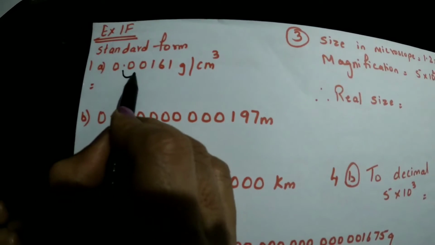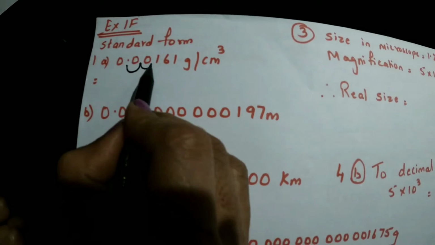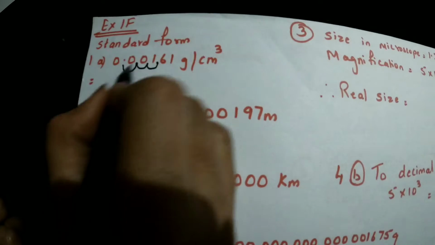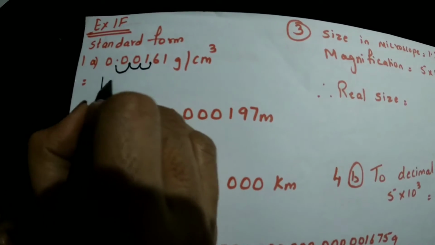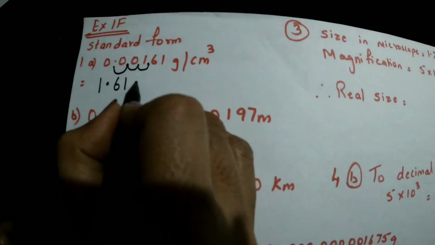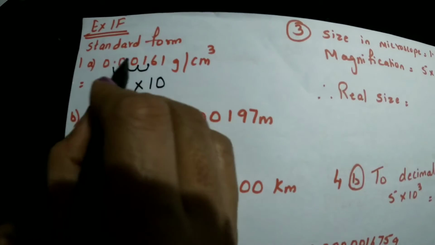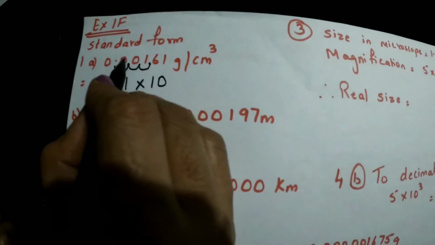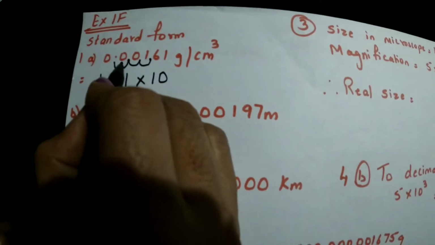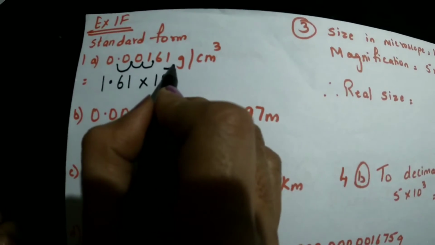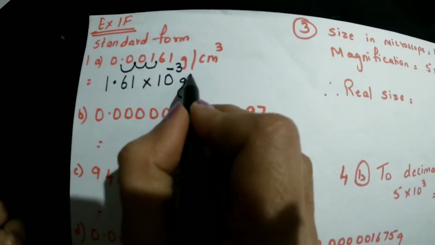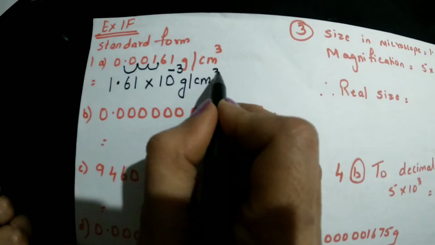So the point shifts 1, 2 and 3. It's gone 3 places. So we write the number 1.61 into 10 raised to, you have shifted this 3 places and the zeros are before your number, so you will add a minus here and write minus 3, 10 raised to minus 3 gram per centimeter cube.